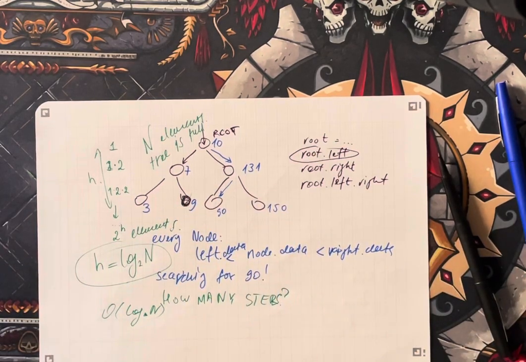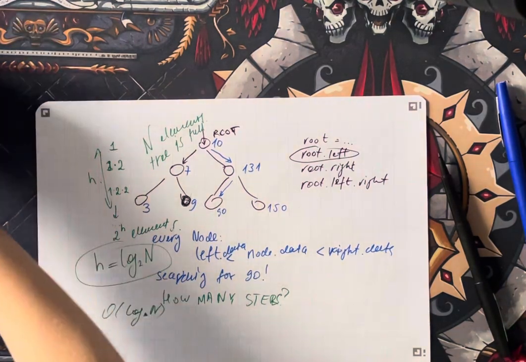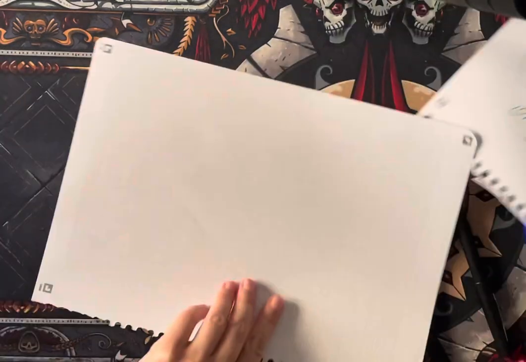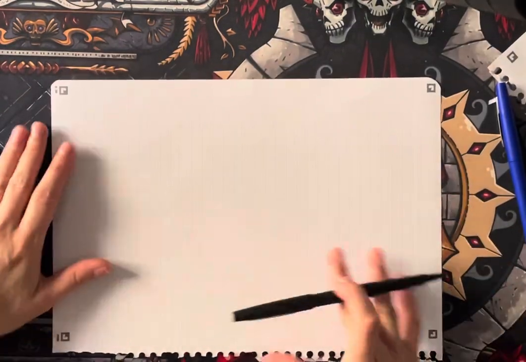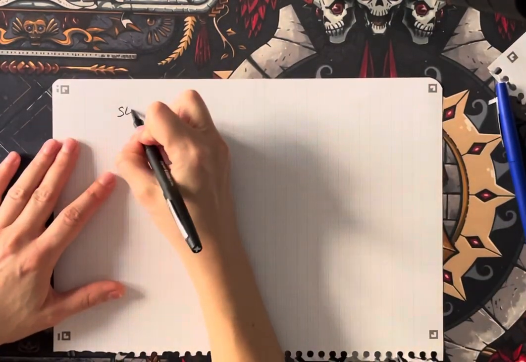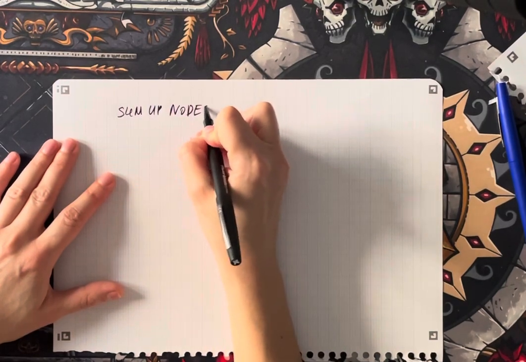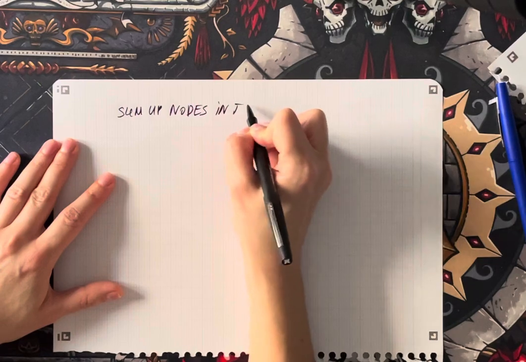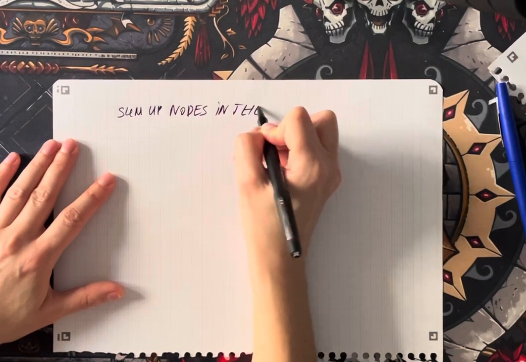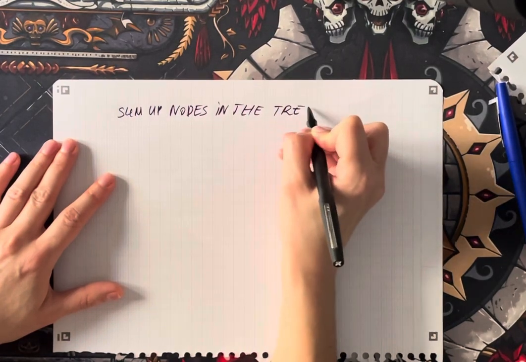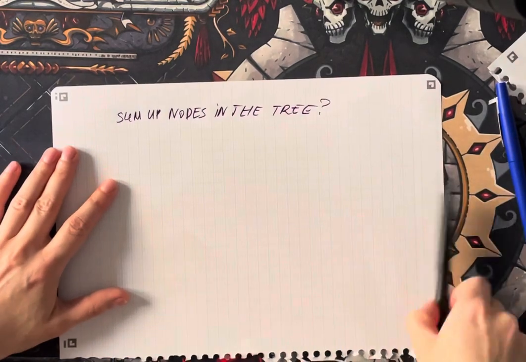So let's consider a little toy example that may be useful for LeetCode, which is how to sum up nodes in the tree. Okay, what do I mean?